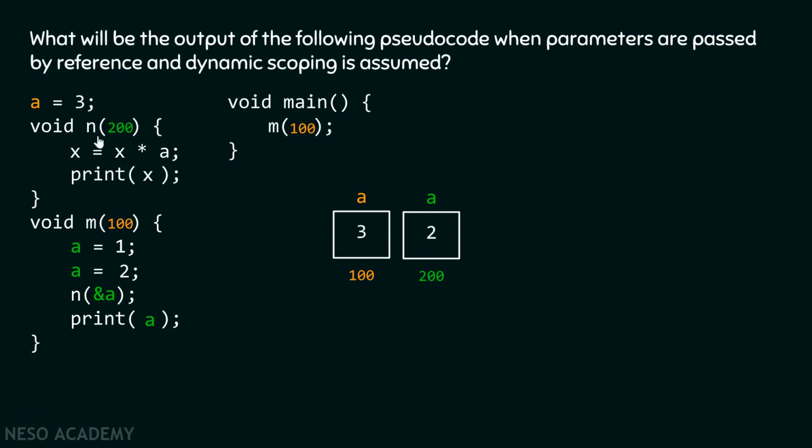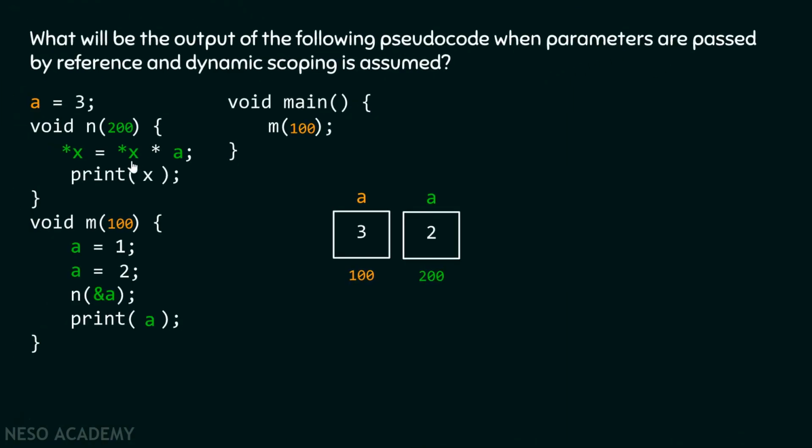Now again we know what this statement means. X equals X star A can be replaced by star X equals star X multiplied with A, because X is a pointer and we need to access what is there inside this address. That is why we are writing star X. And whatever the result is, we will store it inside this particular address. That is what this means.